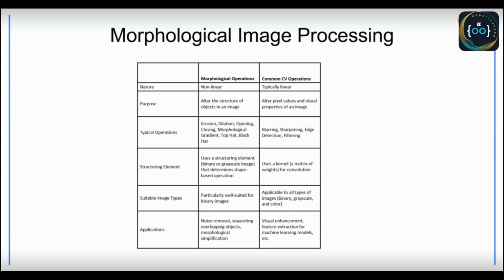So, in summary, while both morphological operations and common operations in computer vision involve applying a small matrix or structuring element to an image, they are fundamentally different in their goals and methods. Please note that the choice between them depends on the specific task at hand.